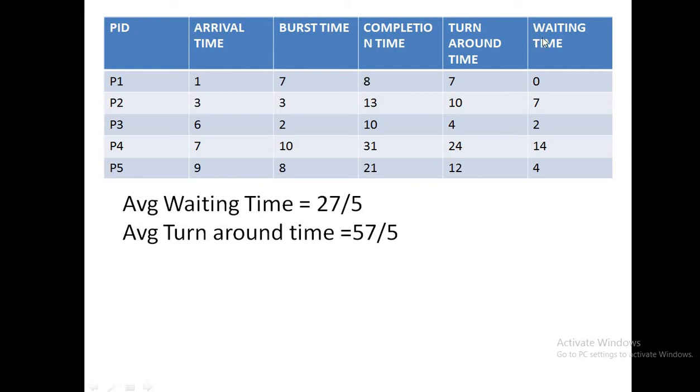And for the waiting time, we calculate 0 plus 7 plus 2 plus 14 plus 4, divided by 5. That is 27 divided by 5. So here we get the average waiting time as well as the average turnaround time.